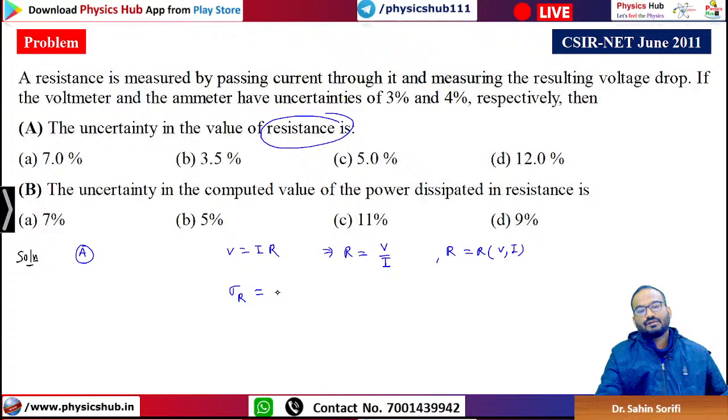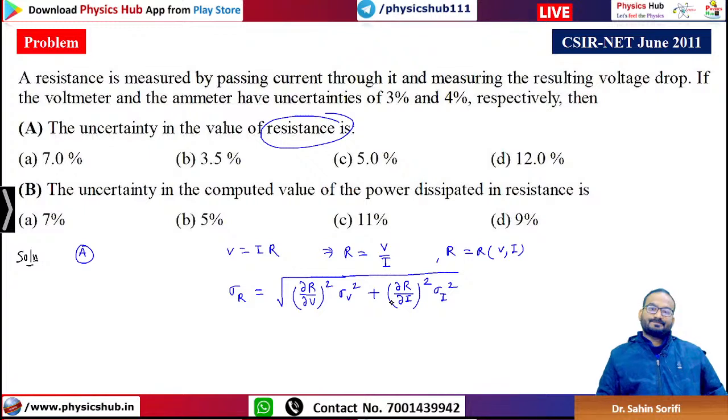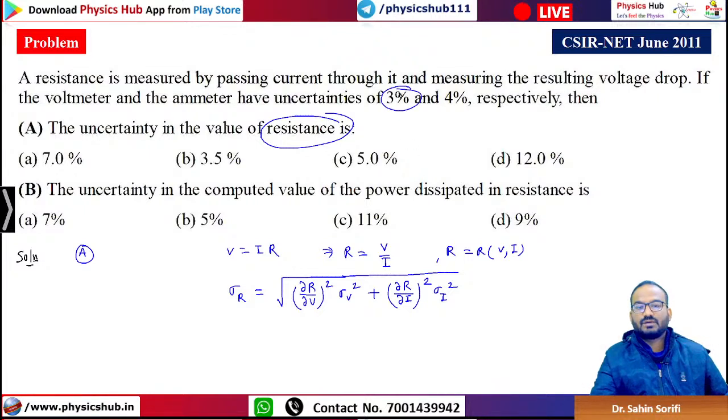Okay. So it is obviously equal to square root of del R by del V whole square sigma V whole square plus del R by del I square sigma I square, isn't it? Voltmeter, ammeter have uncertainty. Voltmeter, what does voltmeter do? It measures voltage. So this is giving you sigma V. Ammeter measures current. It gives you the uncertainty in measuring current. 3%.